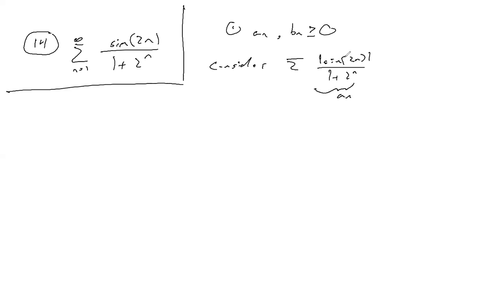Well, the absolute value of sine of 2n is greater than or equal to 0, and it's less than or equal to 1. And I would also consider this series. And in fact, we can simplify it to 1 over 2 to the n. Okay, let's say this is our b_n.